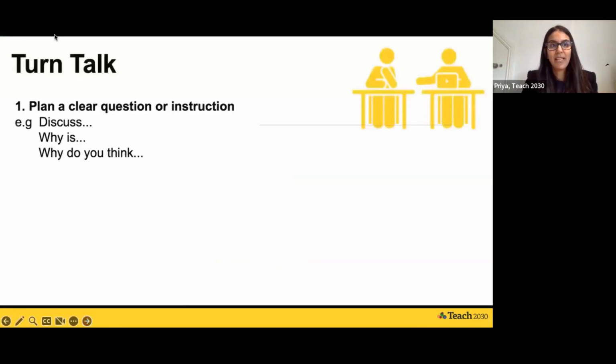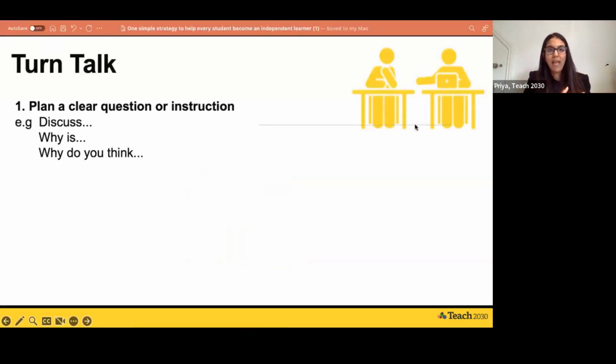So the first particular instance that you might want to use Turn Talk is, first of all, when it comes to your planning, think about a clear question or instruction that you can engage your learners to help independence in your classroom too. So it could start off with discuss, why do you think? So it opens up that question as a more open-ended leading question too.